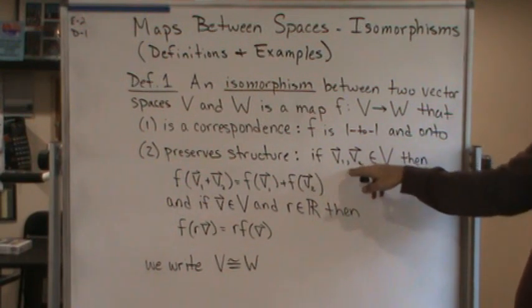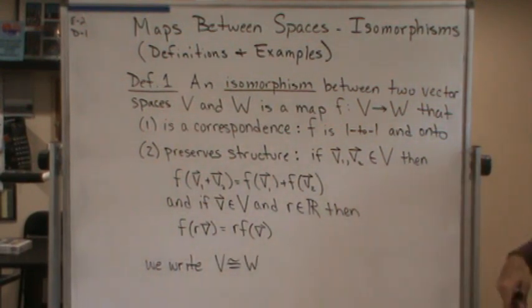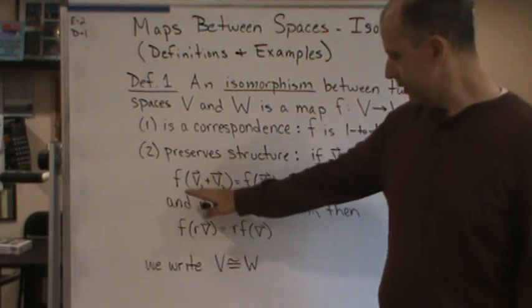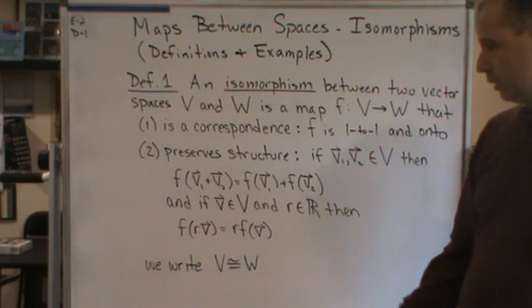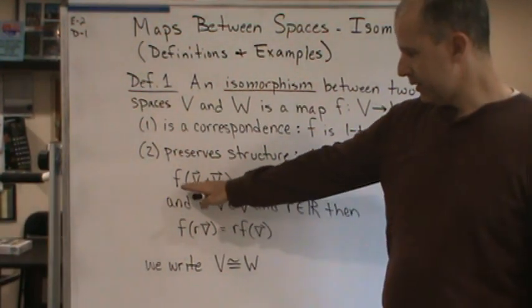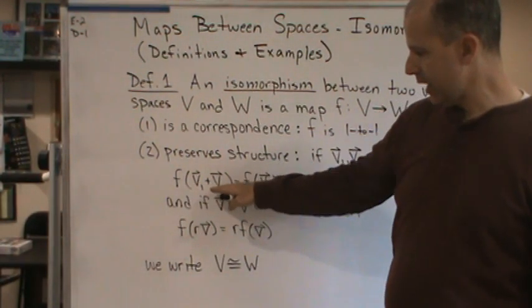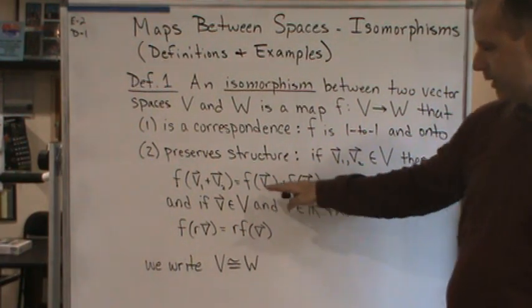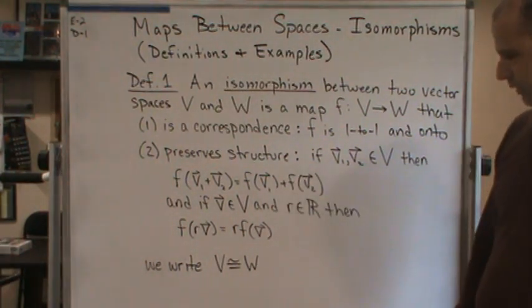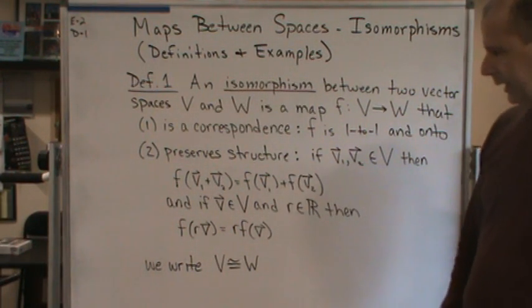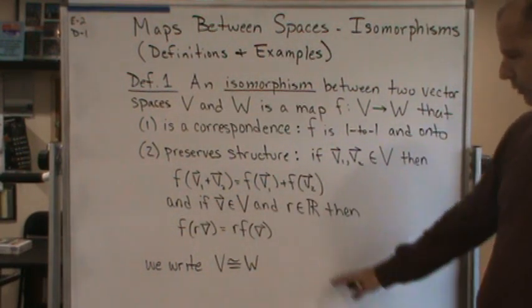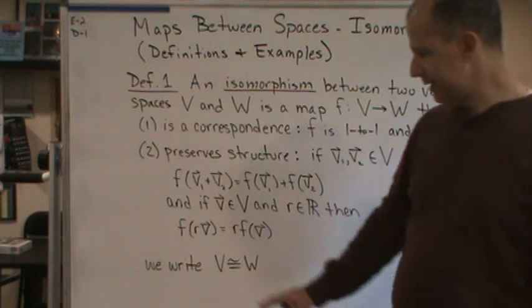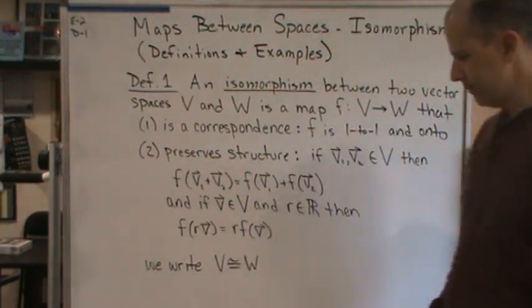So if vector 1 and vector 2 are in the vector space V, then these two operations, these two structures, are preserved, meaning that the function of the sum of the vectors is equal to the sum of the function of each individual vector. And if a vector is in V and r is in the reals, some real scalar, then this is also preserved.